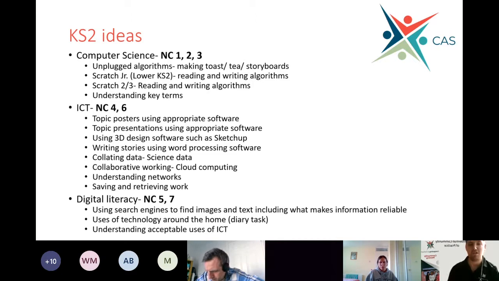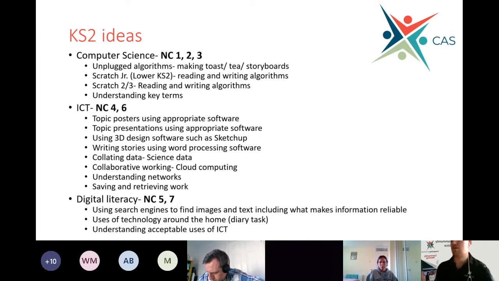I think as much as possible, looking at collaborating and working together, maybe introducing cloud computing if your school's signed up to that. So something like Office 365, get them starting to understand how to save and retrieve work from the cloud as well. Working on the same document at the same time when using the cloud document can be useful.